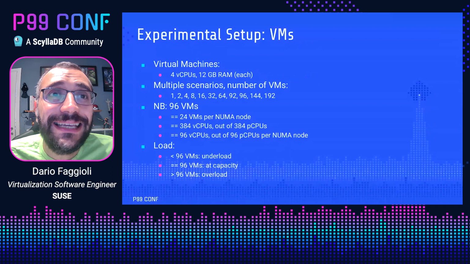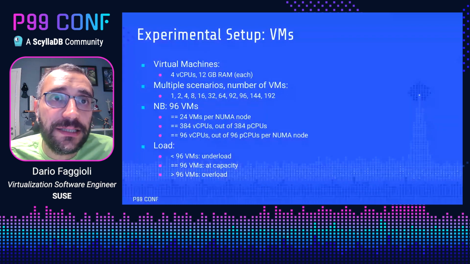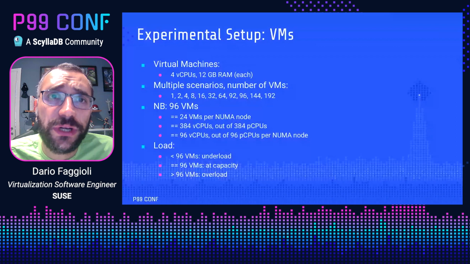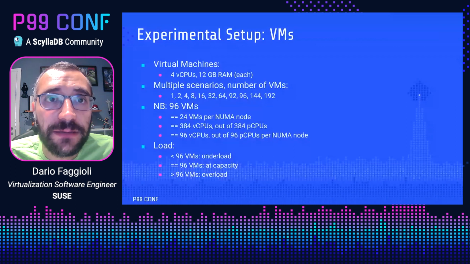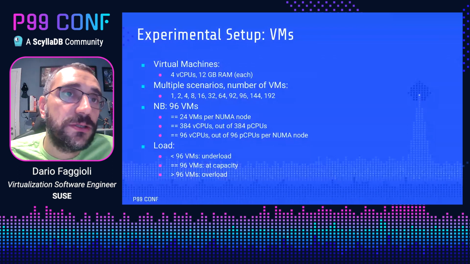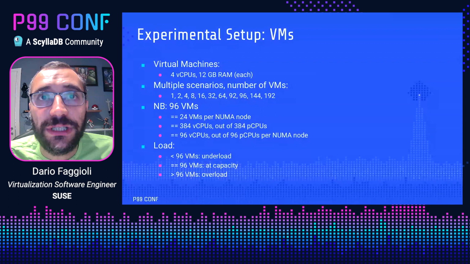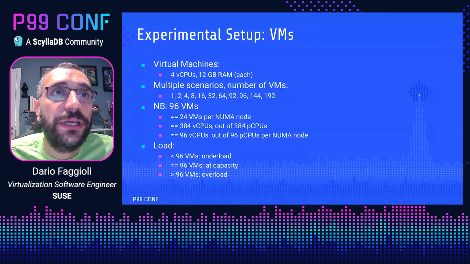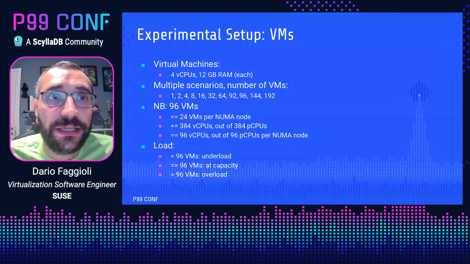So, until there are fewer than 96 VMs running concurrently, the host can be considered underloaded. When there are exactly 96 VMs, the host is working at capacity. And when there are more than 96 VMs, the host is overloaded. Of course, that also depends on what the virtual machines are actually doing. So it depends on the benchmarks.